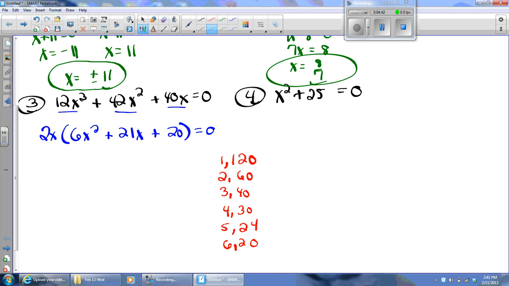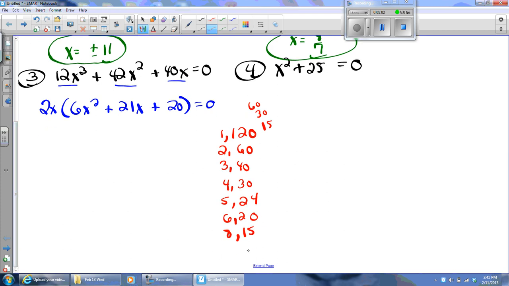I don't think 7's going in. 8 should go in. If I cut this in half, I get 60. Cut it in half again, I get 30. And cut it in half again, I get 15, right? 8 and 15 should work. Okay, 9 isn't going to go in. 10 is. 10 and 12, right? Okay.